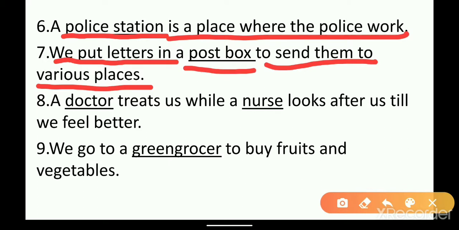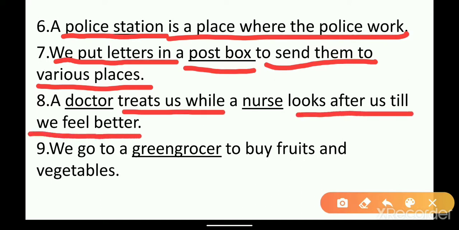Next, a dash treats us while a dash look after us till we feel better. So who treats us and who looks after us till we feel better? That is doctor. Doctor treats us, and nurse, she looks after us till we feel better.